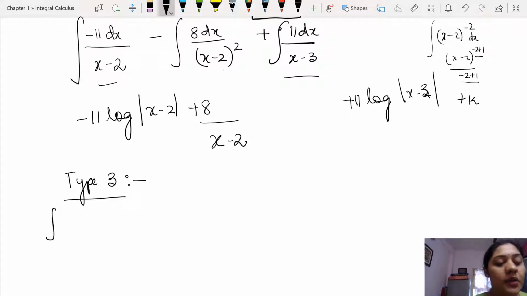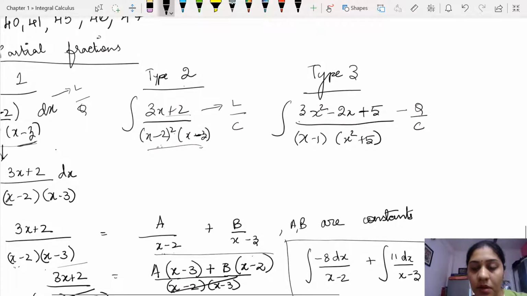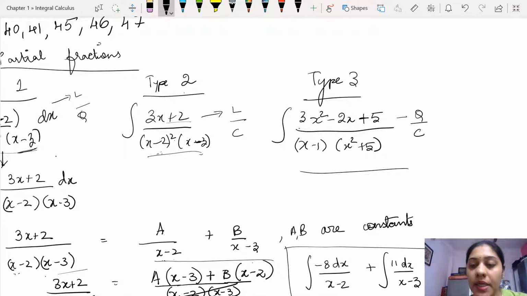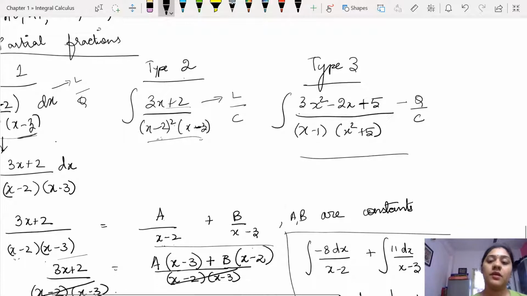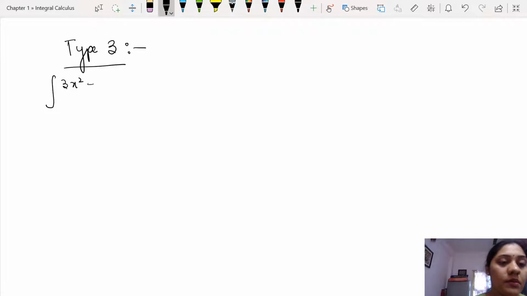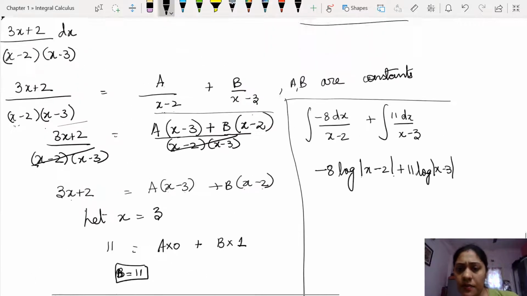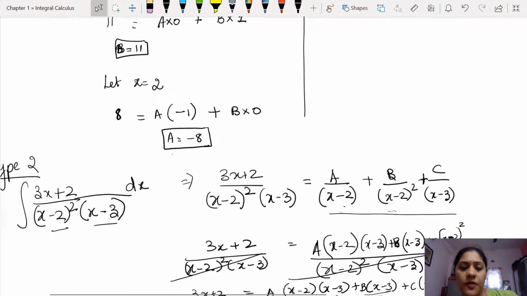Let me go back and take down the question. 3x square minus 2x plus 5 divided by x minus 1 into x square plus 5. Let me just check once. X square plus 5, x minus 1.